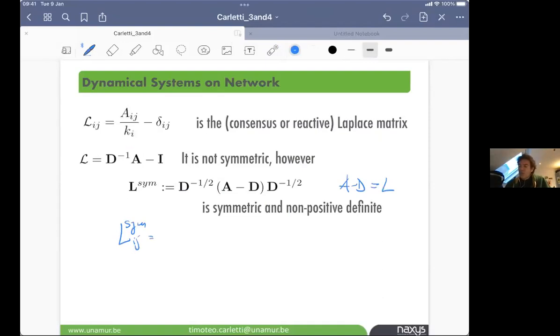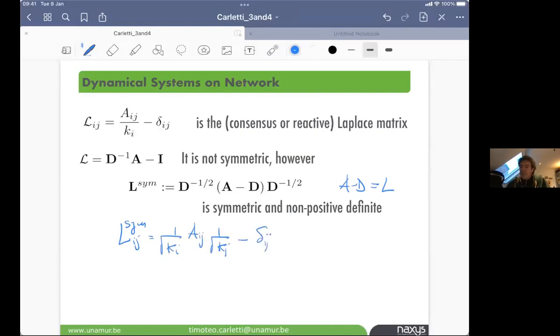You can do this because the degrees are positive, so the square root is well defined. And this last term is the identity.